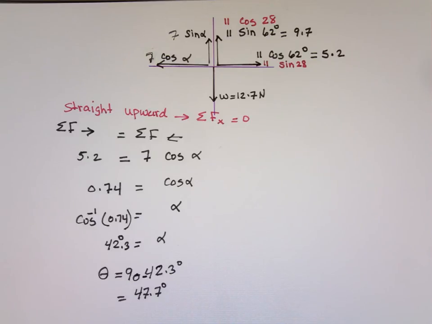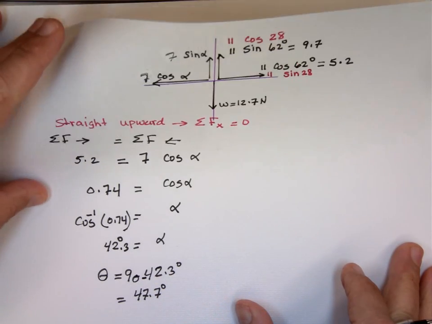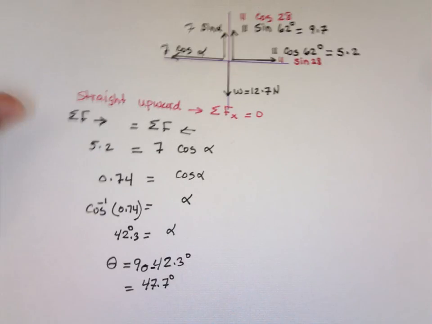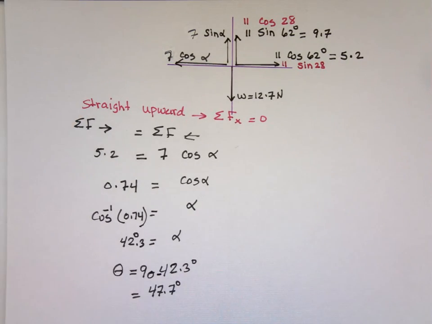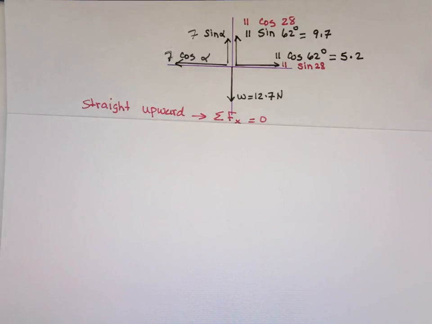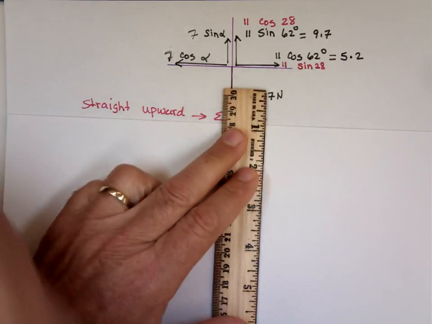Now let's look at up and down and see what's going on there. Let's see what we have for up and down. Let me draw that picture again, put some numbers in it, instead of all the extra stuff that's clogging it.